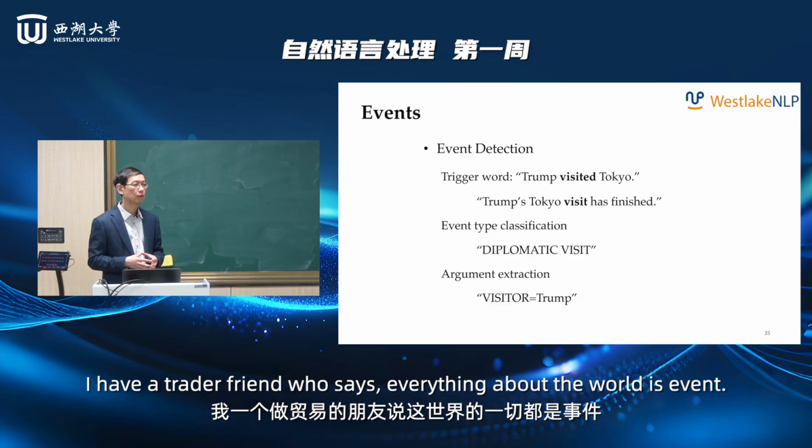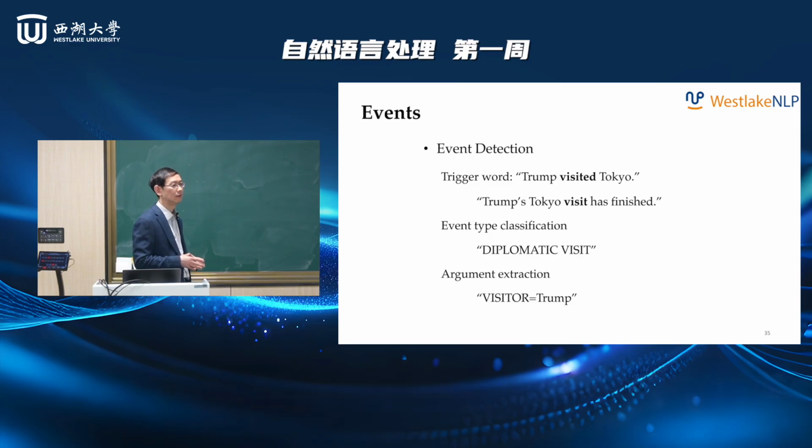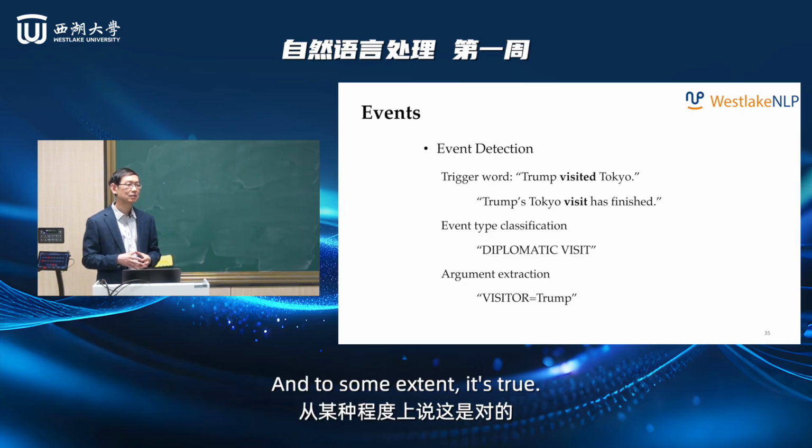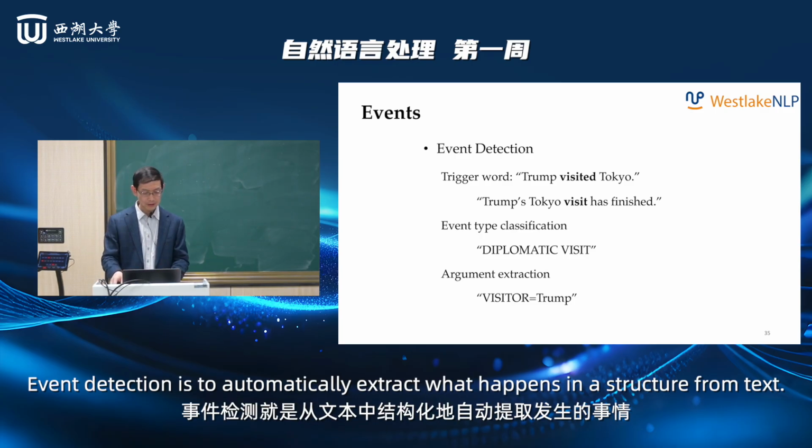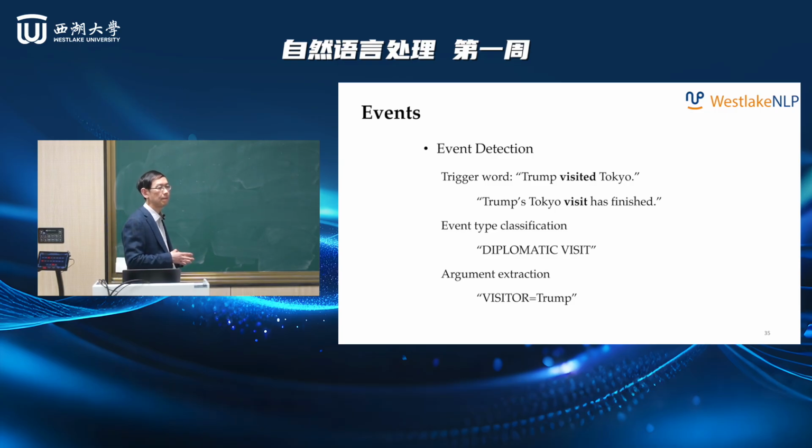I have a trader friend who says everything about the world is events, okay? And to some extent, it's true, right? It's events happening all around us. So event detection is to automatically extract what happens in a structure from text, okay?